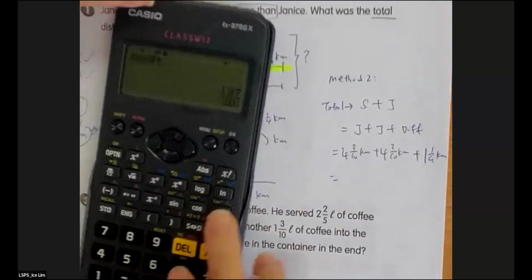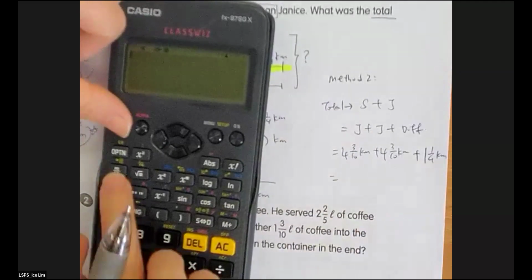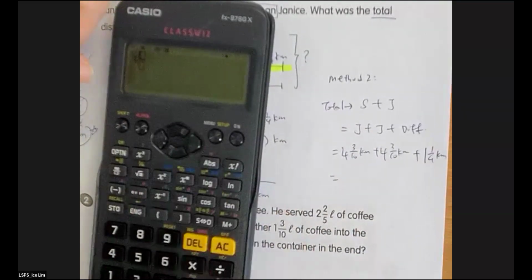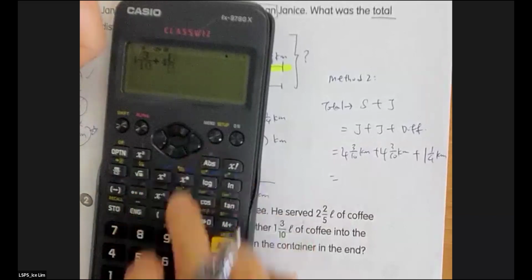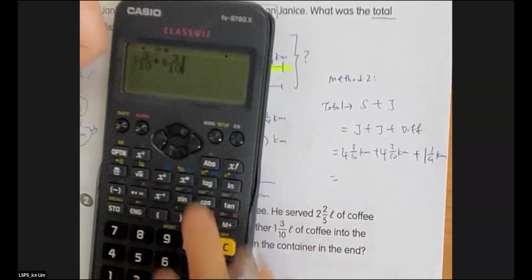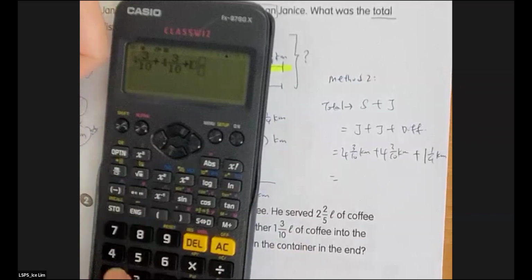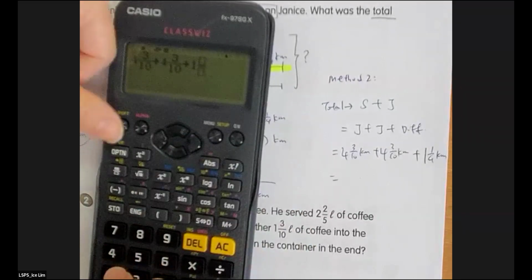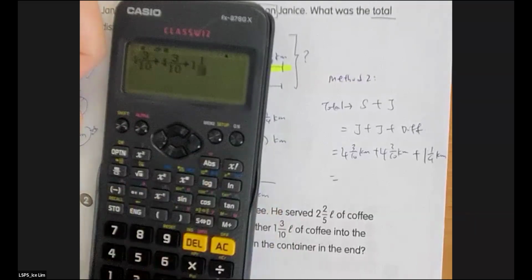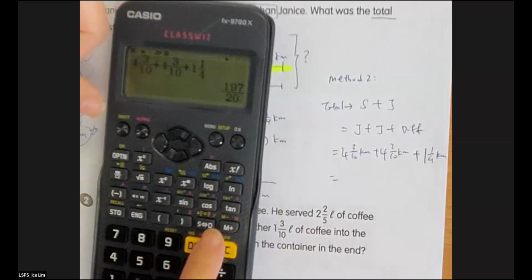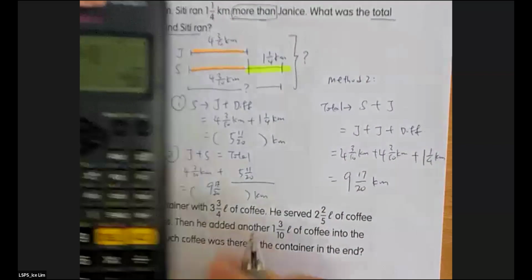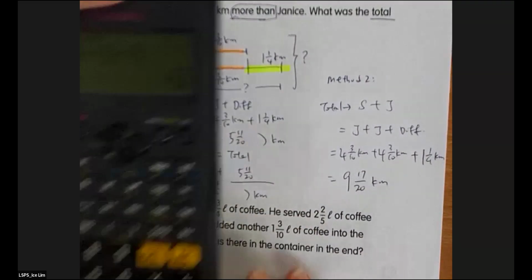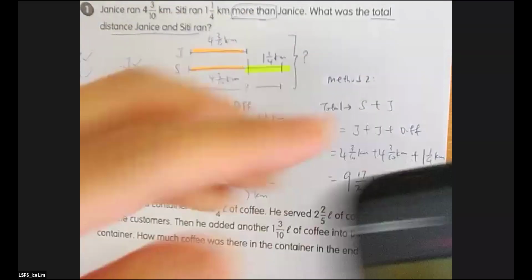Now this one, I press 4, 3 tenths plus 4, 3/10 plus 1 and 1/4. Then press shift, and this one gave me the same answer. See, same answer. But it's really about the skill of pressing the calculator.